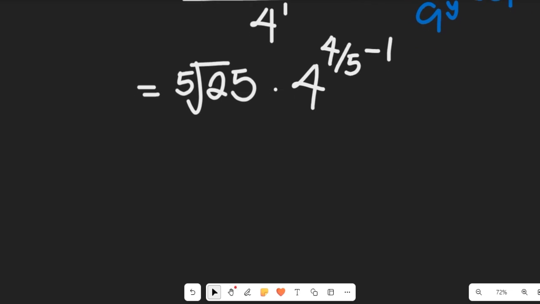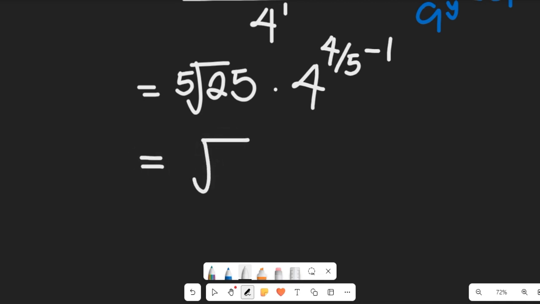So what would that expression give us? If you simplify that expression, 4 divided by 5 minus 1 will give us a negative value, right?